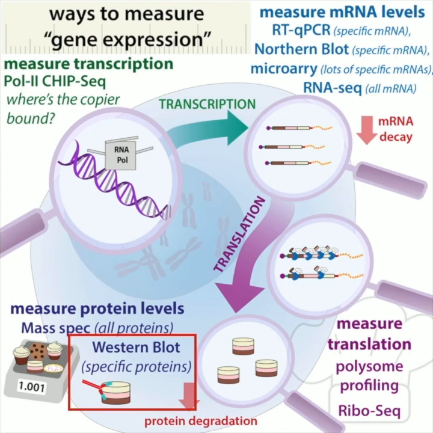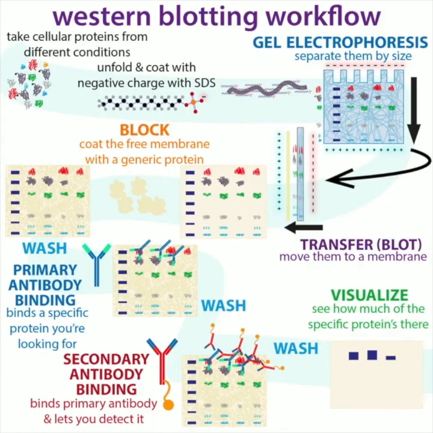Here what you're doing is using antibodies, those little proteins we talked about before, except here you're using antibodies that instead of being specific for RNA polymerase, are specific for the protein you're looking for. You separate the proteins using SDS PAGE, gel electrophoresis, which we've talked about, and then you transfer the proteins onto a membrane and probe the membrane with these antibodies to see if the protein is present.